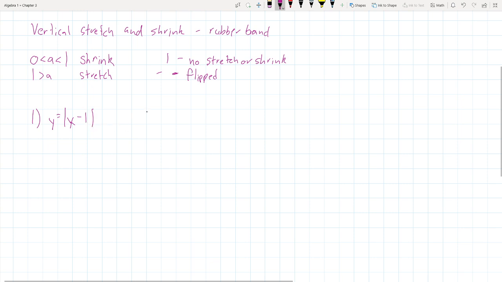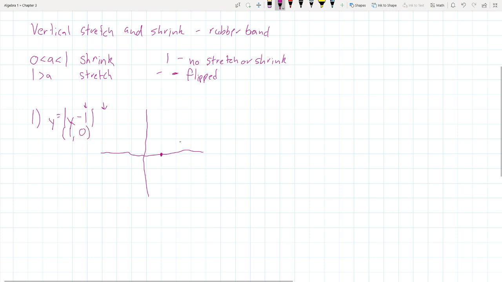You don't have to graph the parent function if you don't want to. My vertex is at 1, because it's this h value. It has this negative on it, but it's the opposite of that. So it's 1, comma, and there's no k, and that tells you 0. So my vertex is 1, comma, 0.